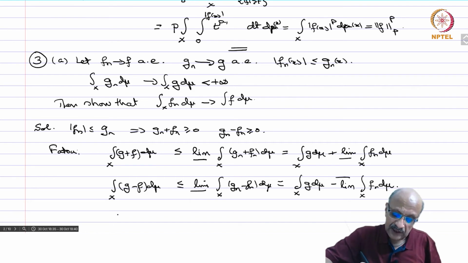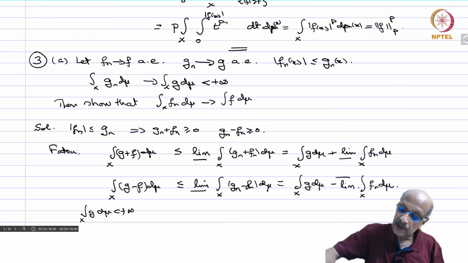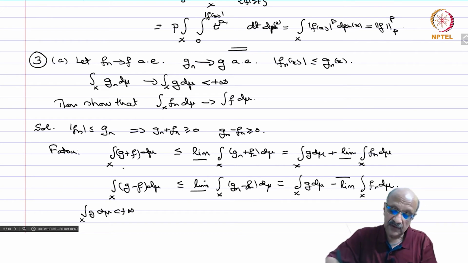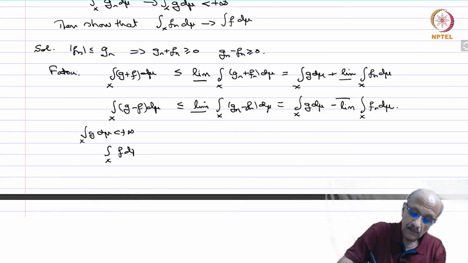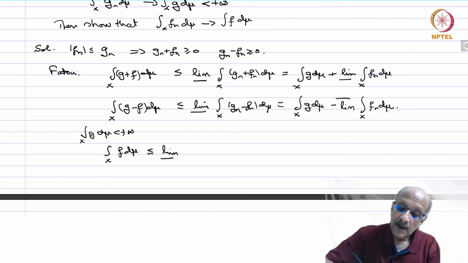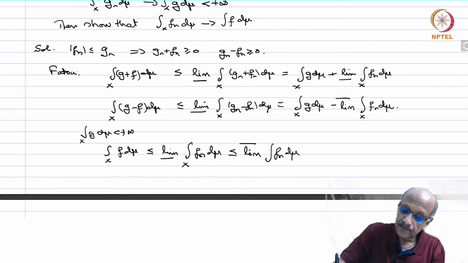Now the integral of g d mu is finite, and therefore we are allowed to cancel it in both these relationships. So if you cancel that, you will get the integral of f d mu is less than or equal to lim inf of the integral of f_n d mu, and that of course is always less than or equal to lim sup of the integral of f_n d mu.